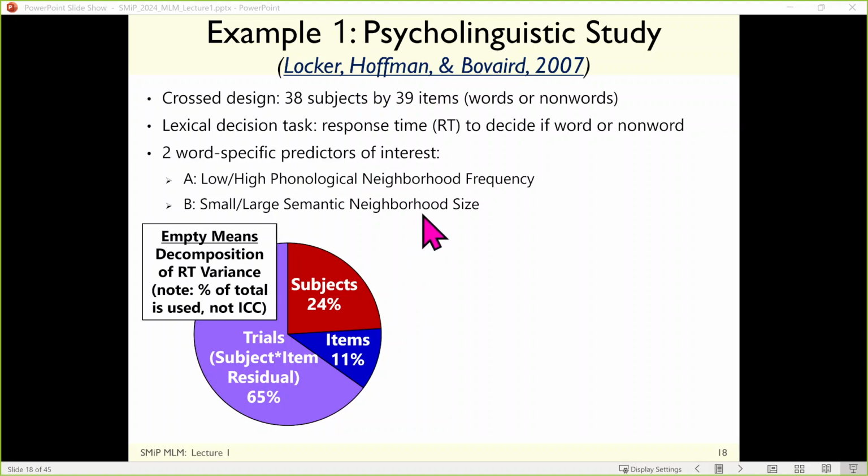So if you put your R-square hat on, what do you think the maximum possible R-square would be in accounting for response time variance using these item predictors? What's the best case scenario in terms of explaining response time variability using these item predictors?